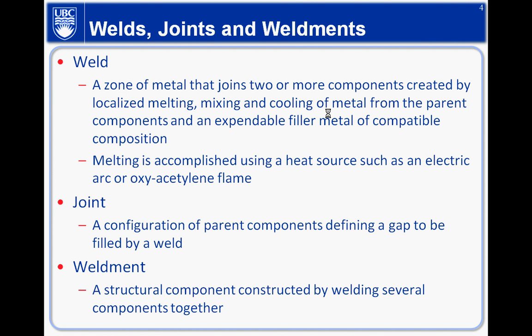The joints, basically we'll look at different kinds of joint types. It's basically a configuration for parent components defining a gap to be filled by a weld. And weldment is a concept referring to the structure of components constructed by welding several components together.